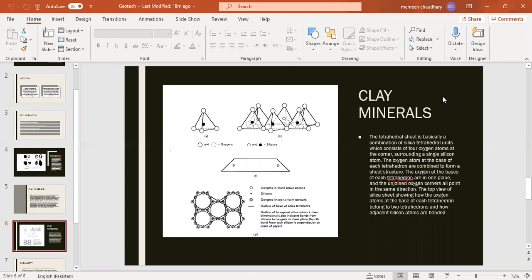The oxygen at the bases of each tetrahedron are in one plane and the unjoined oxygen corners all point in the same direction. The top view of the silica sheet shows how the oxygen atom at the base of each tetrahedron belongs to two tetrahedrons and how adjacent silicon atoms are bonded.